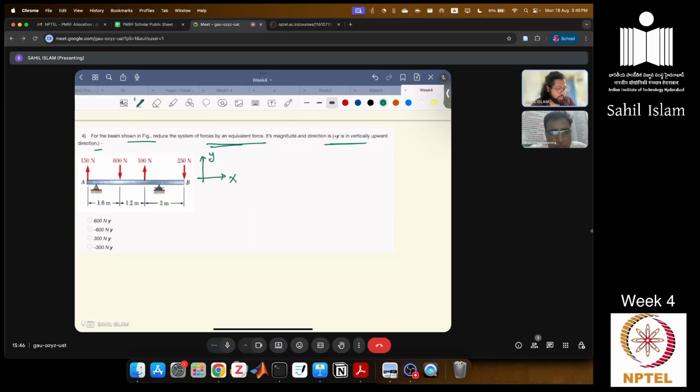Now you have to calculate the equivalent force. So you just take the sum of all the forces. There is no force along x direction, and the only force is along y direction. So the total force becomes 0 in x direction, and in y direction it is 150, 100, 600, 250, minus 600, 100, and minus 250 Newton.